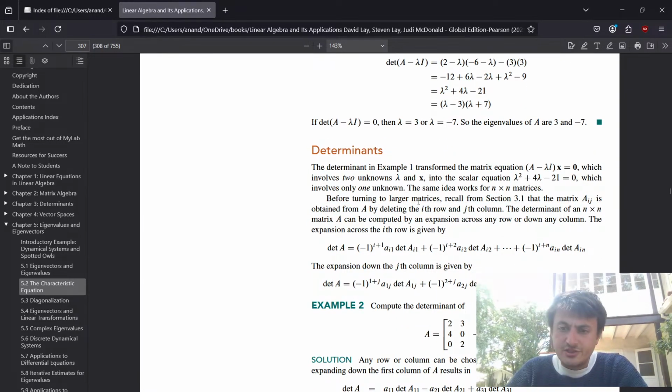Before turning to larger matrices, recall from section 3.1 that the matrix Aij is obtained by deleting the. Oh, geez. Okay. Are we really going to do more of these minors? The determinant can be computed by the expansion across any row. I totally forgot this formula, man.